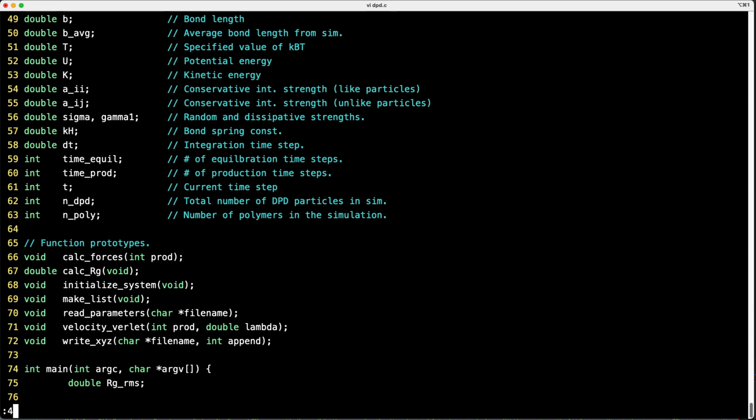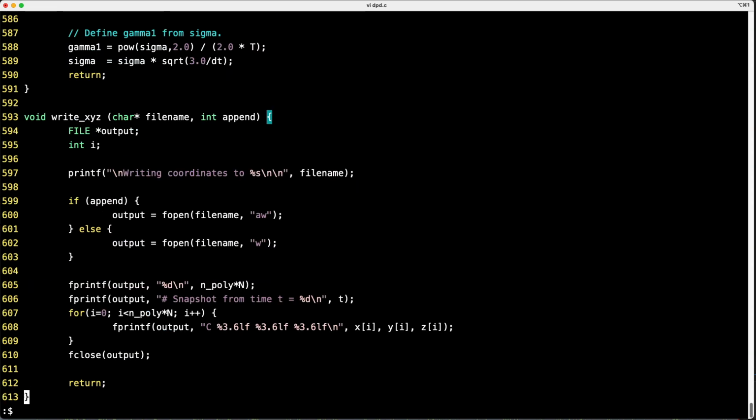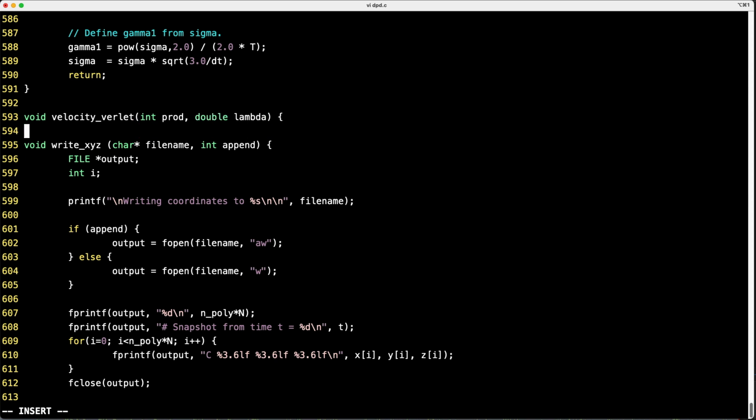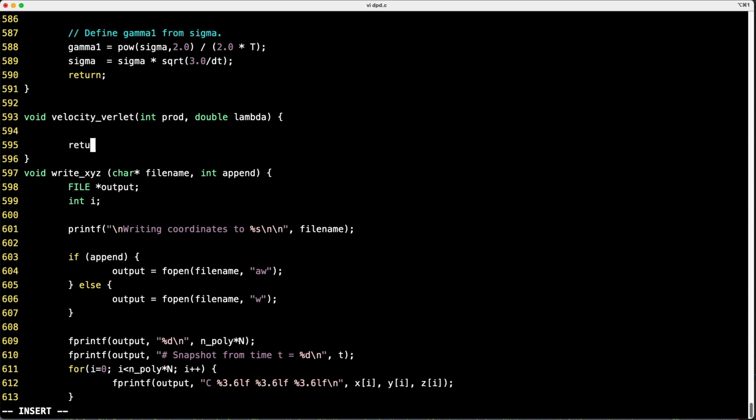And so if we do that, let's go all the way to the end. And let's see if we want to keep this in alphabetical order. Let's put the function here. So void velocity-Verlet, and we include the production variable and the value lambda. Void, we return nothing.